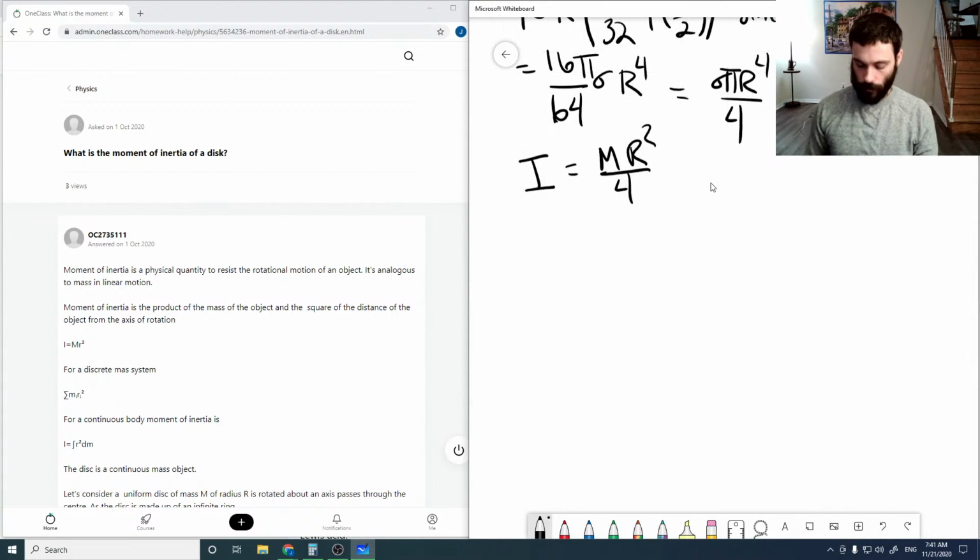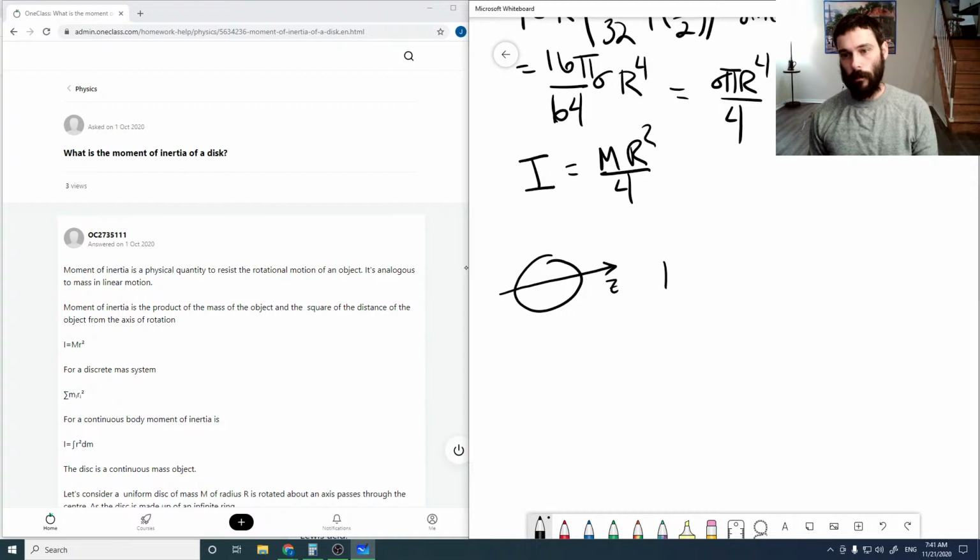So just to wrap things up, right? So we had a disk with the moment arm running through the middle and along one of the diameters of the disk, and the I was m r squared over 4.